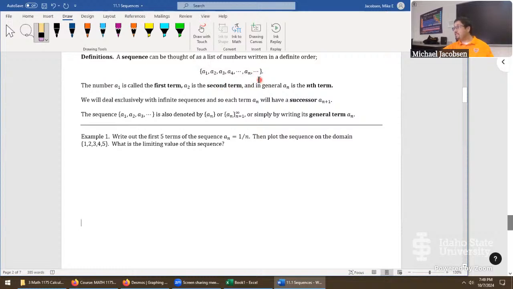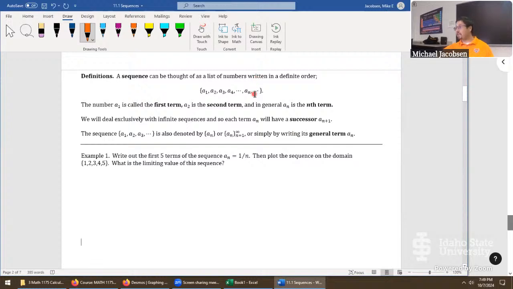And notice we put this ... there. The ... is a reminder that all of our sequences are infinite in length. So all sequences, in this class at least, are infinite in length.